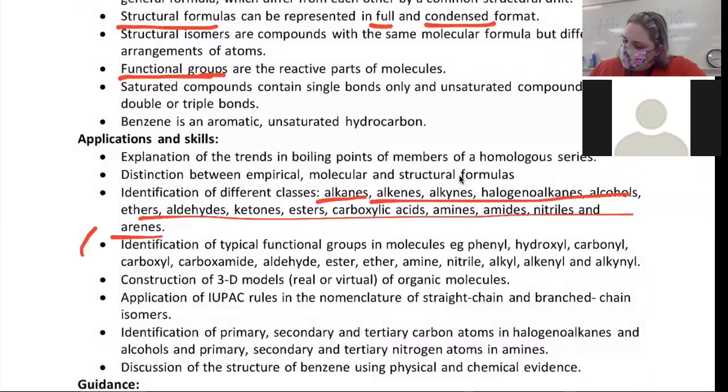So this next bullet as well, all of these different functional groups, that's really what we're mainly going to look at today. We're not going to get into doing any names. We're going to save that for next week because there's a lot of information to go over. And then, as I said, we're going to look at the differences between some of these formulas and how we tell them apart today. Okay.